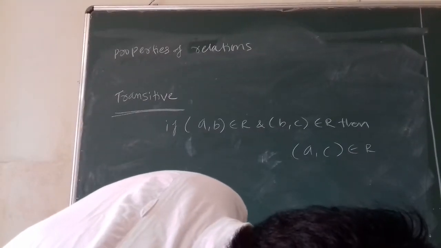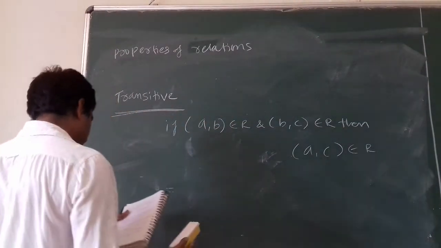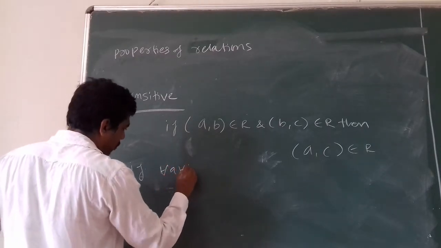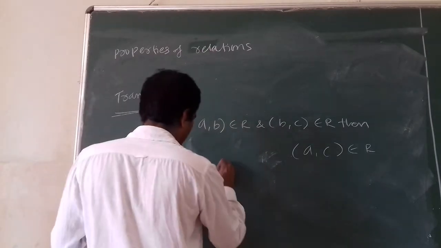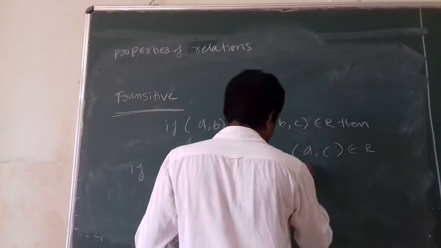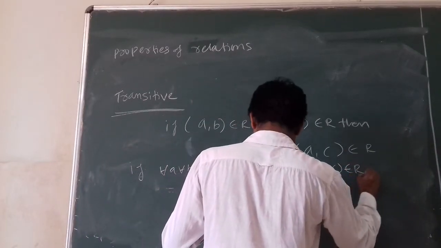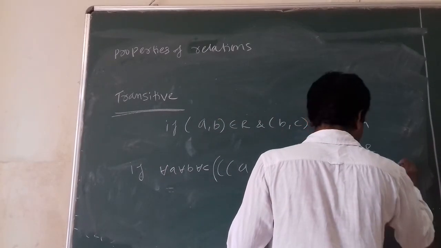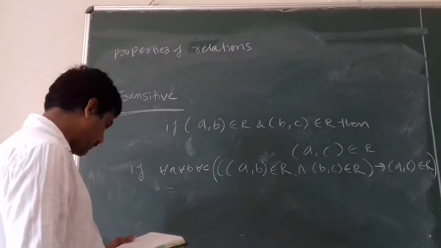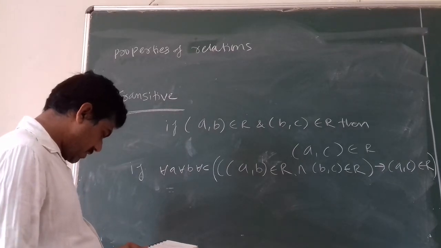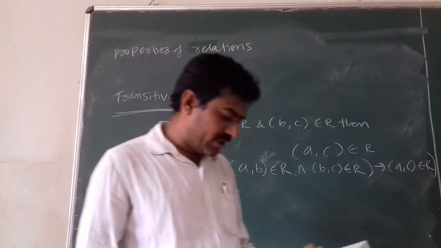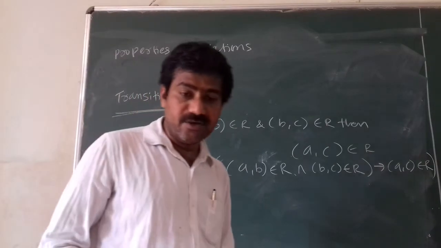Example: that is, for all A, for all B, for all C, if (A,B) belongs to capital R and (B,C) belongs to capital R, then (A,C) belongs to capital R. Now the example is that the divides relation on the set of positive integers is transitive.